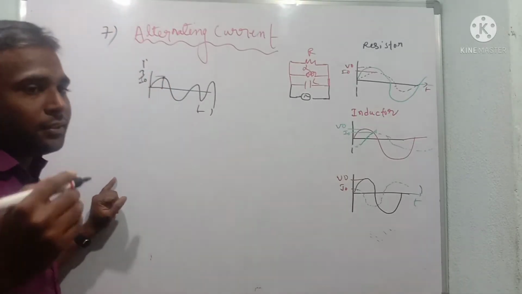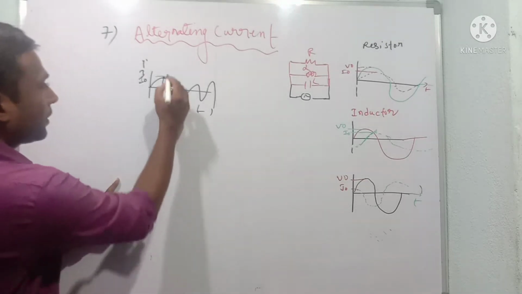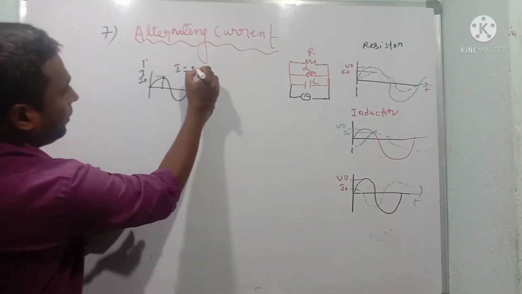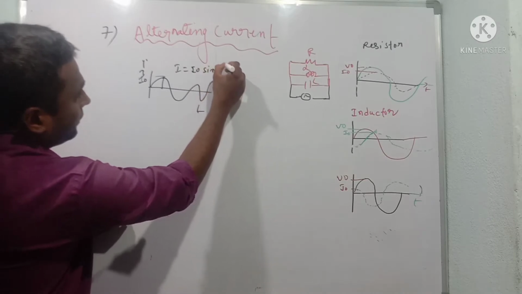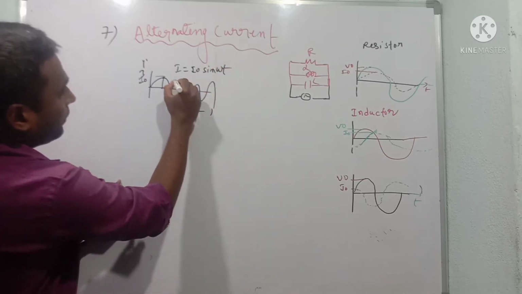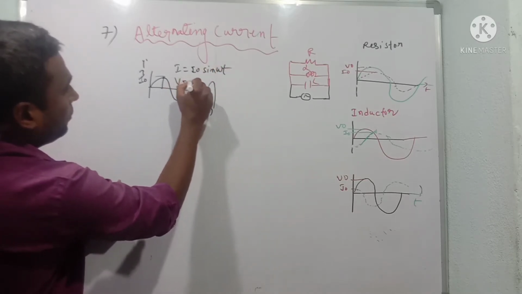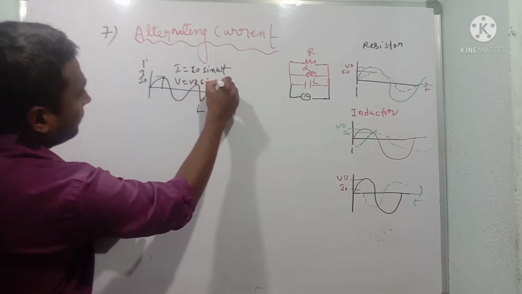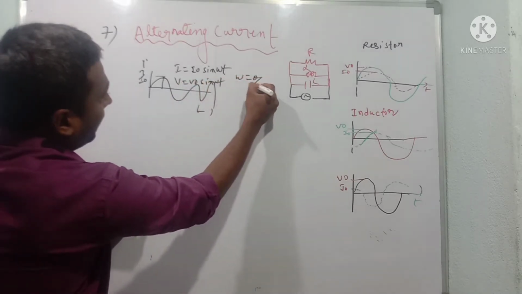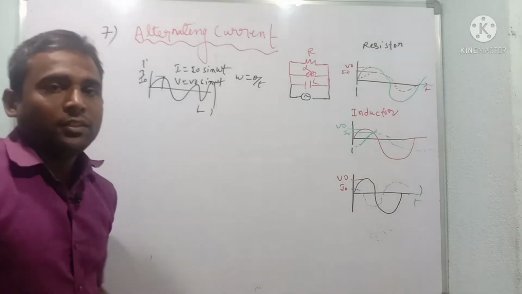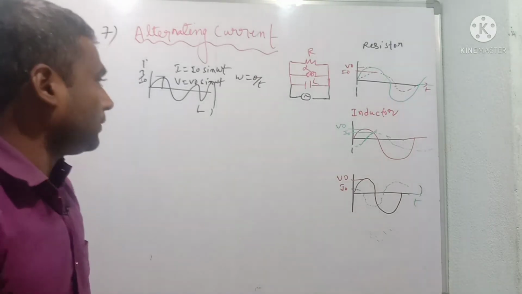The instantaneous current is I equals I naught sine omega t. Similarly, the instantaneous voltage is V equals V naught sine omega t. Here omega is the angular frequency, which was discussed in the electromagnetic induction chapter.